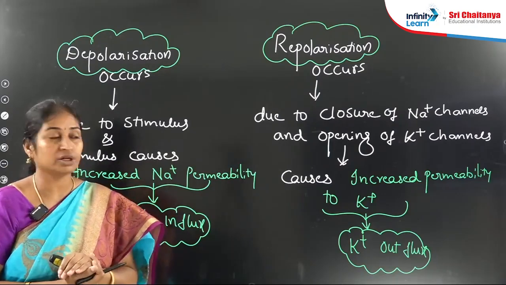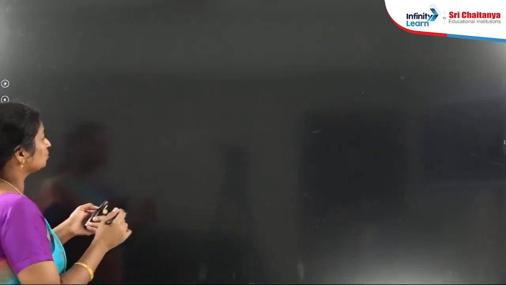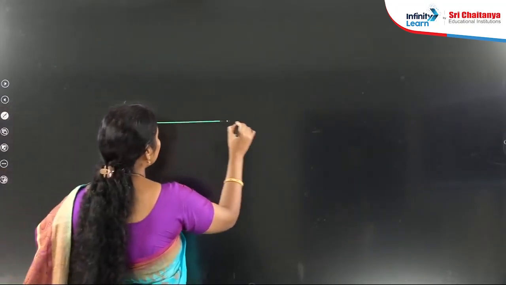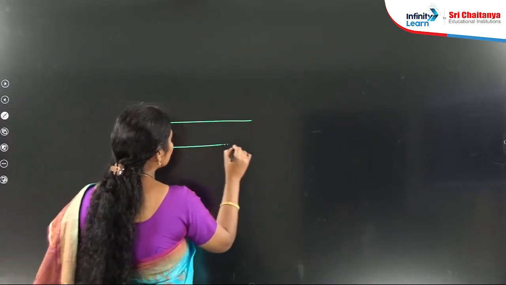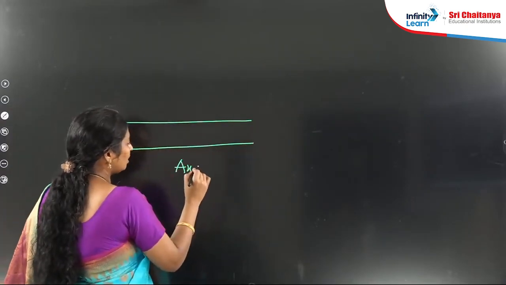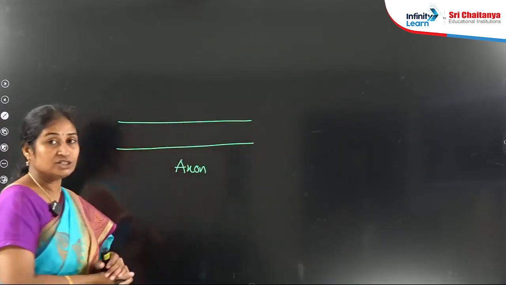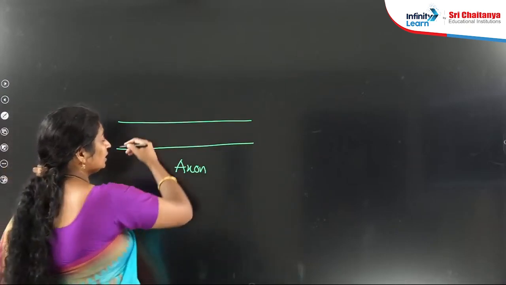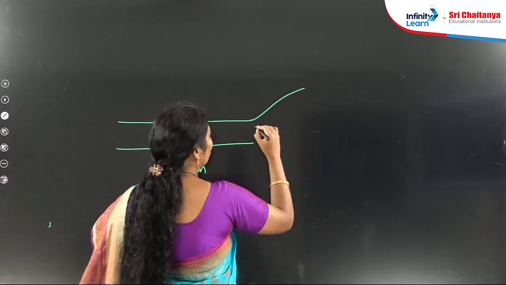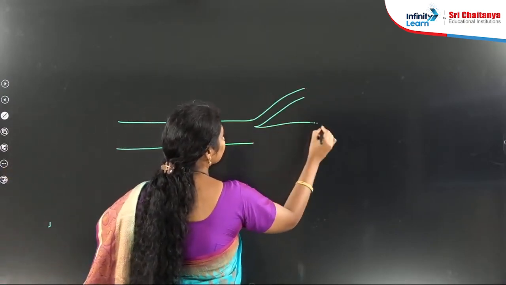The same action potential now will reach the axon terminal. What is the axon? The axon is a long fiber which arises from the cell body, and the distal end of this axon is branched.